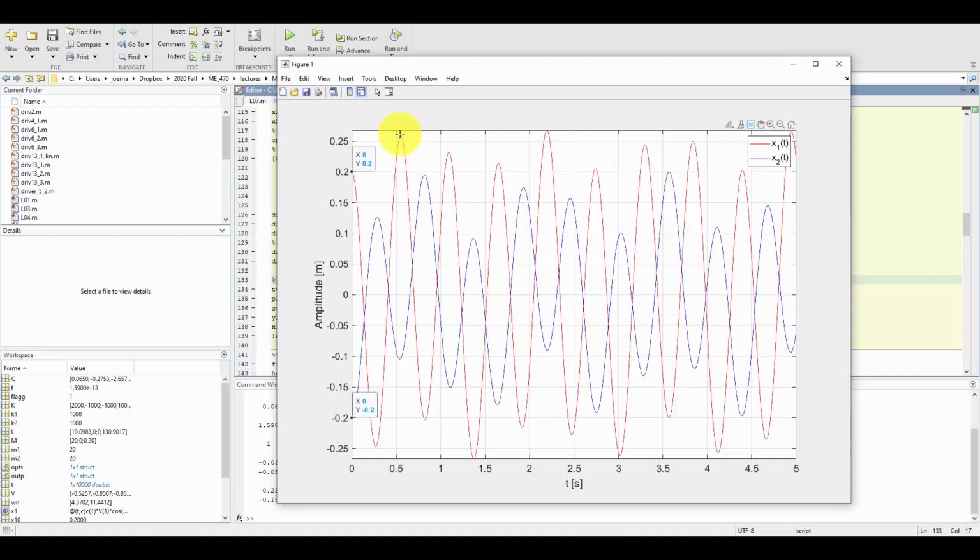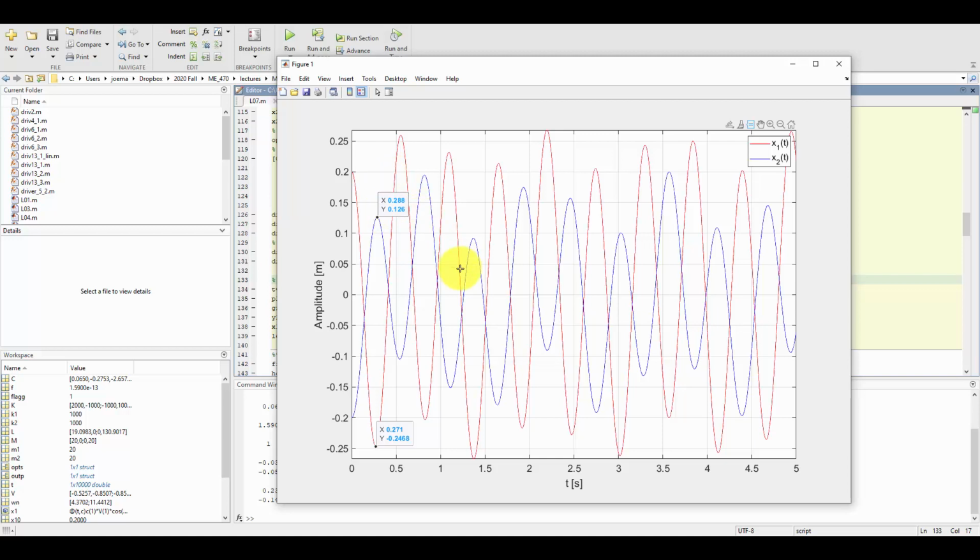And we see here that the peak of x1 and the valley of x2 appear to happen at the same time. If we drag this up and try to find the peak, and try to find the valley here, both of them are at 0.286. Well, this is 6.8, it's a little bit off. But more or less the peak of one is the valley of the other and vice versa.